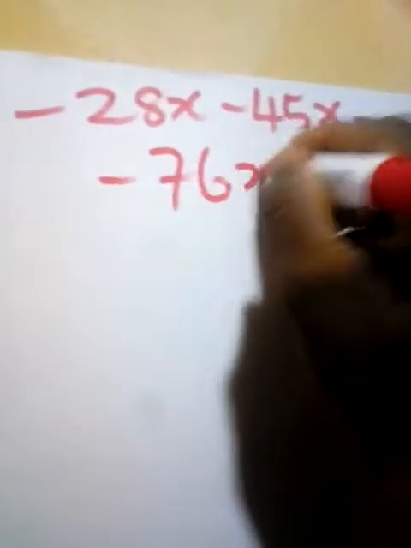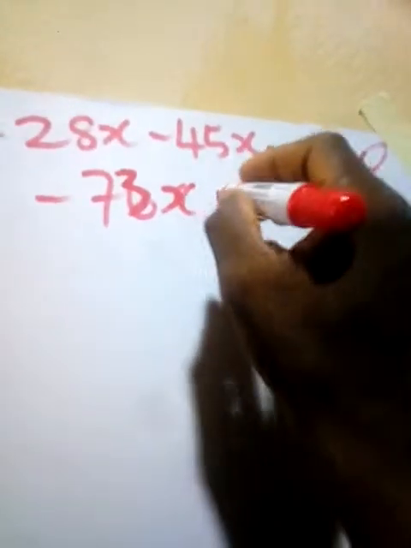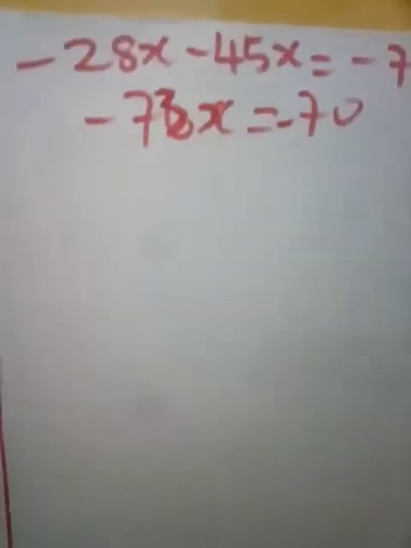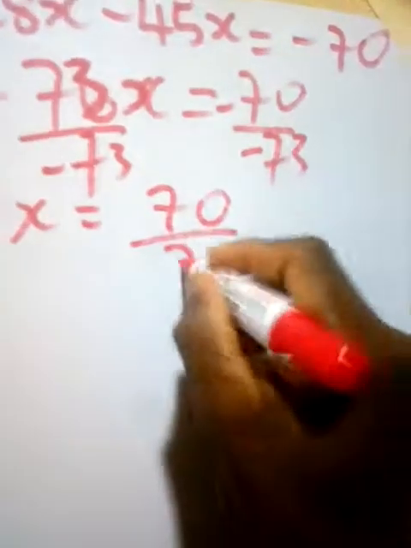Now minus 28 minus 45 gives me minus 73x, so it's minus 73x equal to minus 70. Right. So if I'm dividing both sides by minus 73, I have my x to be equal to 70 over 73. See, nothing hard there.